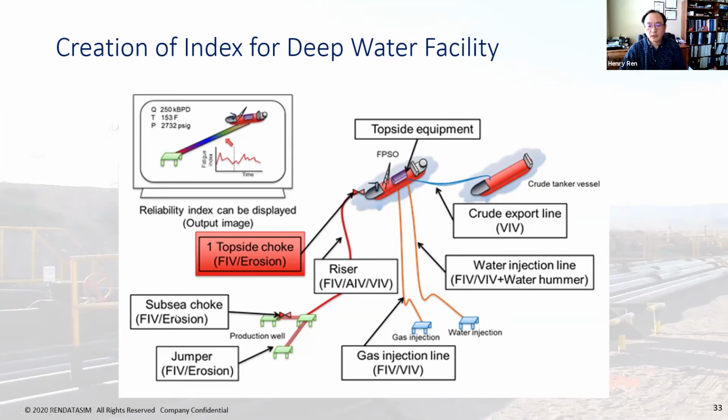We completed the erosion for subsea choke and topside choke, and now they are doing the FIV, and in the next stage we're going to do more for VIV and also the single-phase gas line.